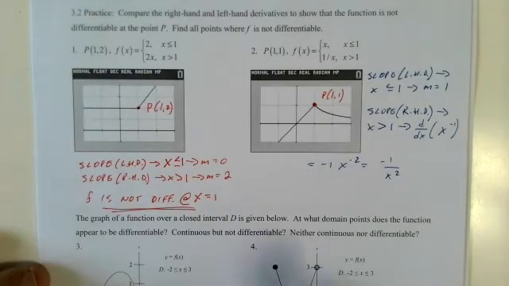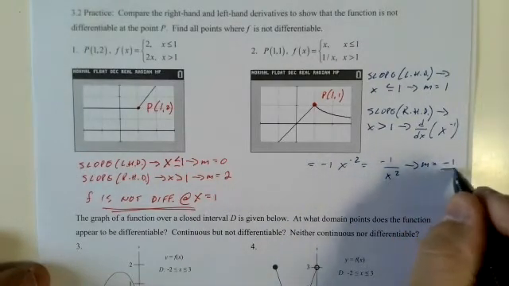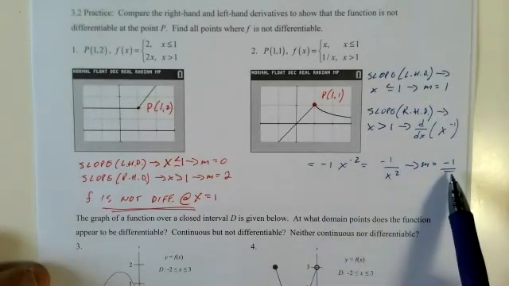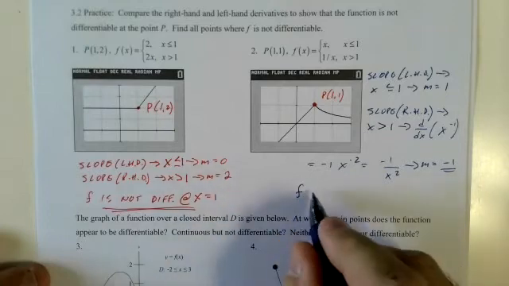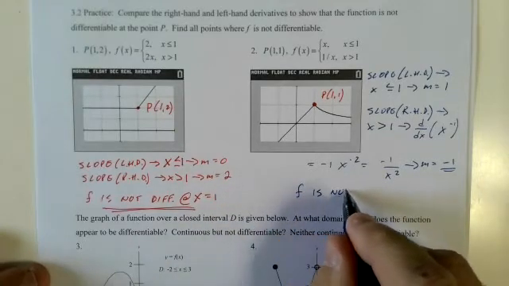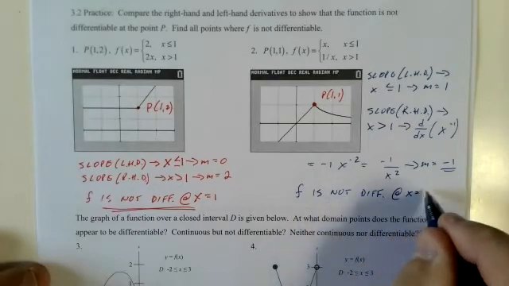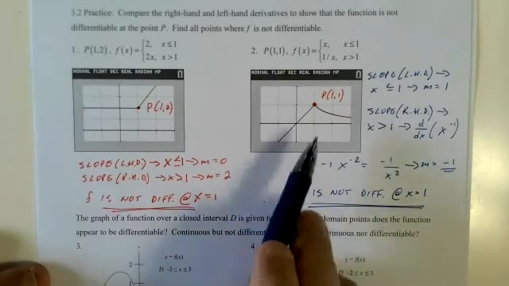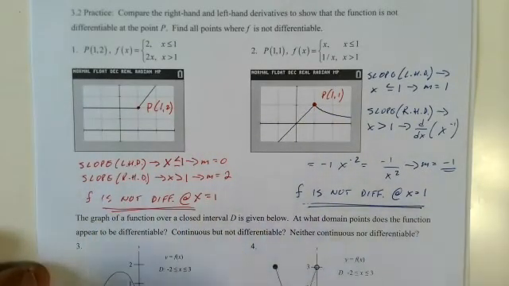We're at 1, so m equals -1. Therefore, f is not differentiable at x equals 1. Cuspy corner, definitely corner. There it is.